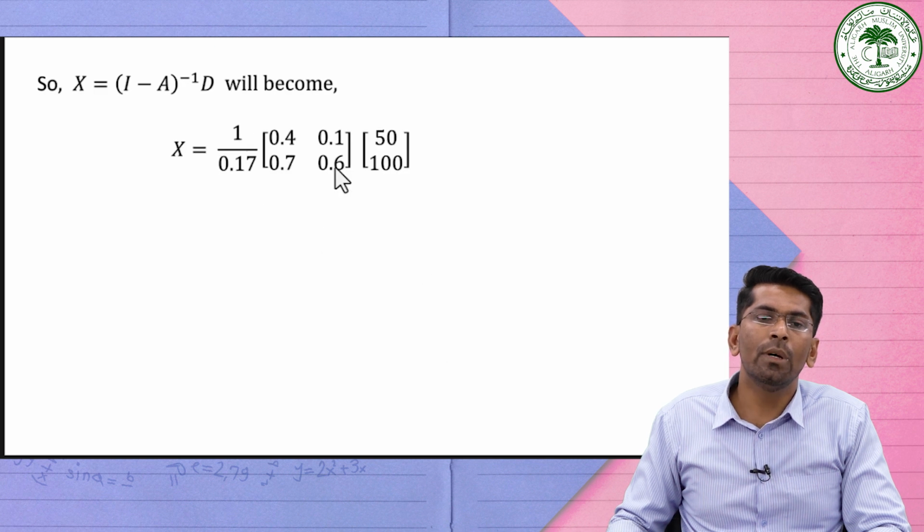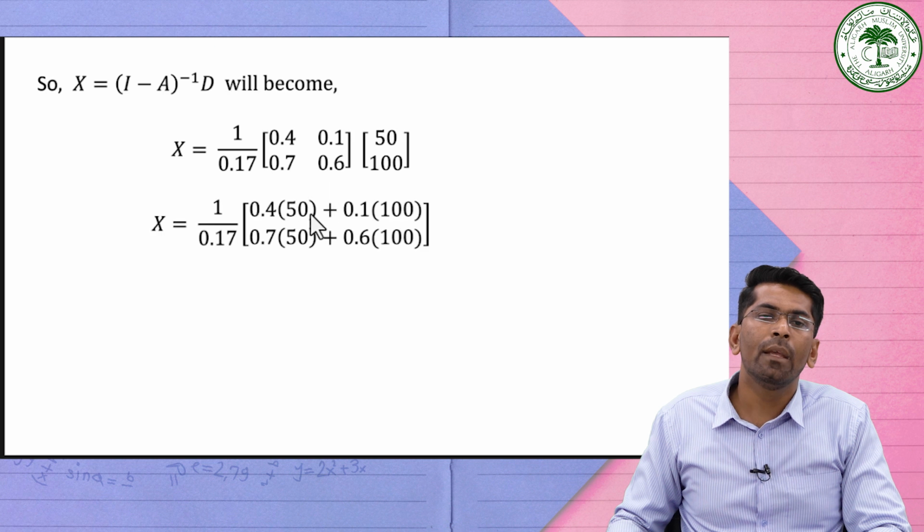This is the inverse and we are multiplying the vector D, that is the constant vector, the final demand vector. If you simplify, first I am multiplying this 2 by 2 matrix into the 2 by 1 matrix. So it will become 0.4 into 50 plus 0.1 into 100, then 0.7 into 50 plus 0.6 into 100.